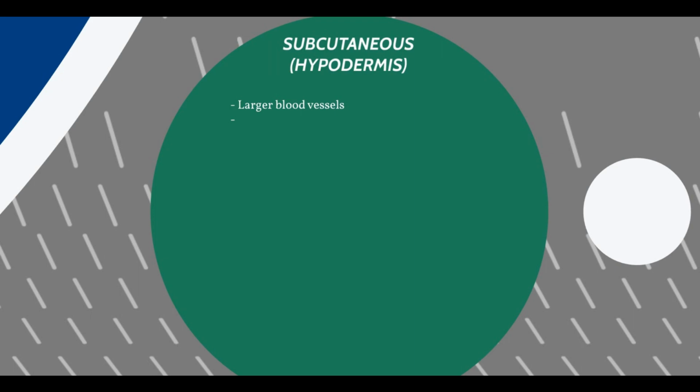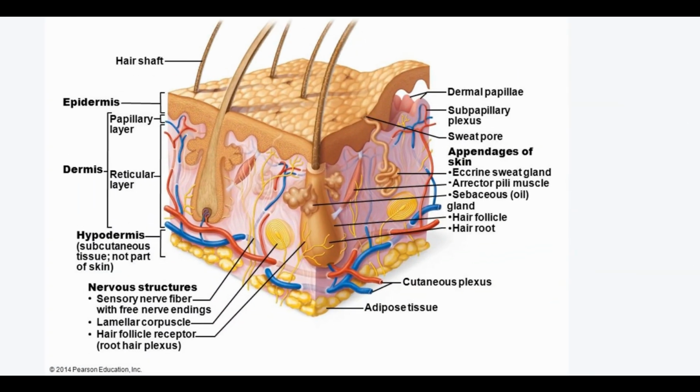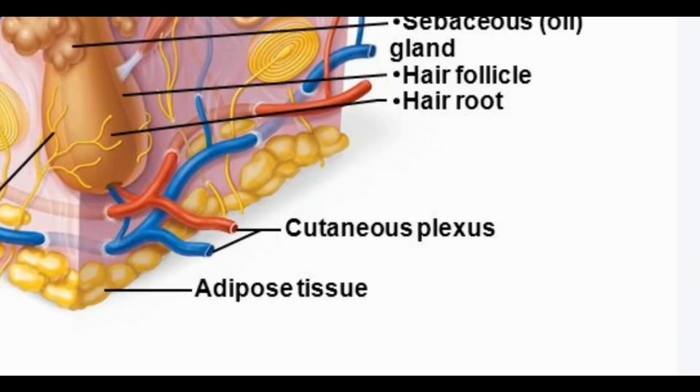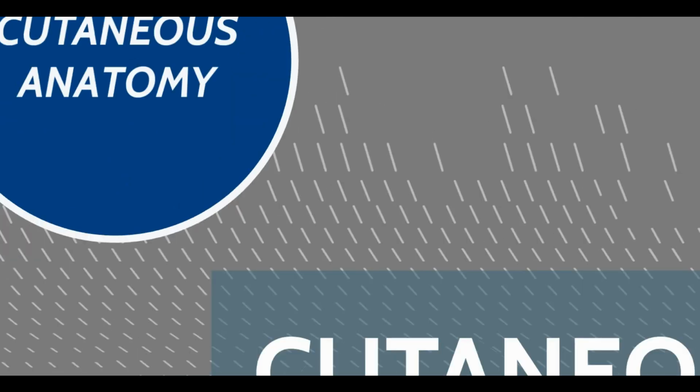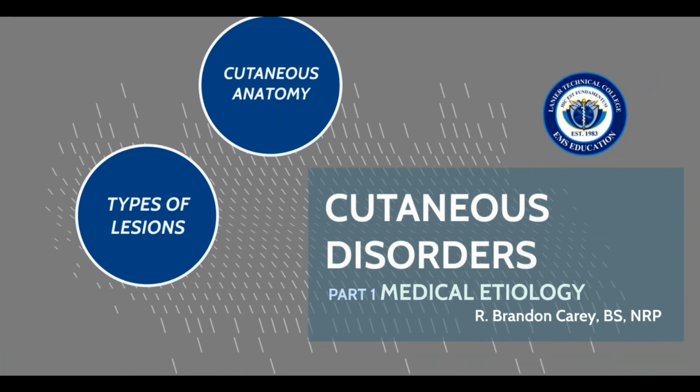And again, we have the subcutaneous plexus that has larger blood vessels, such as larger venules and larger arterioles. So, again, there's the cutaneous plexus, and there is some adipose tissue with the picture. All right, so that is our review of anatomy.